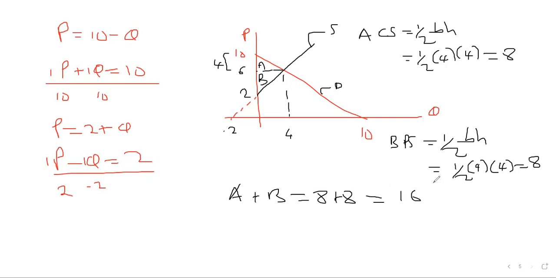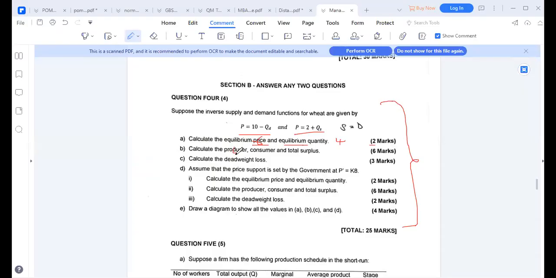So 16 is our total surplus. So now we have answered: producer surplus 8, consumer surplus 8, total surplus 16. How many marks? 6 marks. All right.